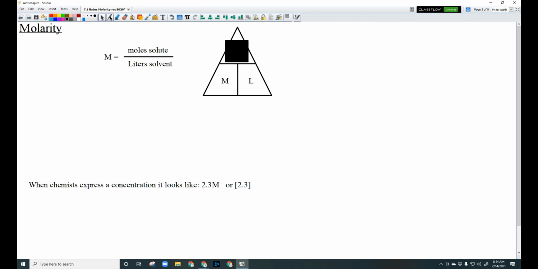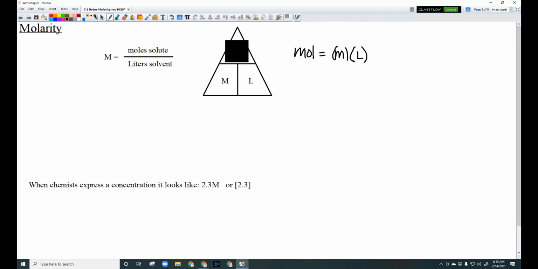And that is a very, very common equation. A lot of problems will ask how many moles or how many grams of this are dissolved or need to be dissolved. So this is a very common equation to solve for moles. Now remember, it's molarity times liters.